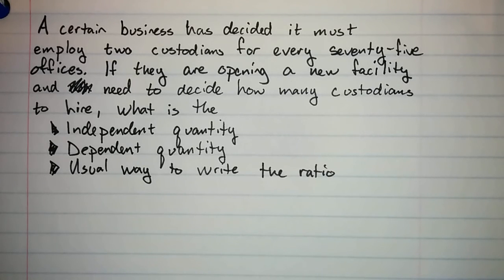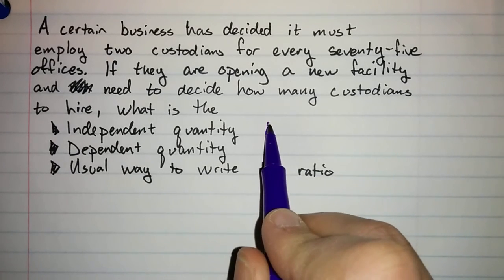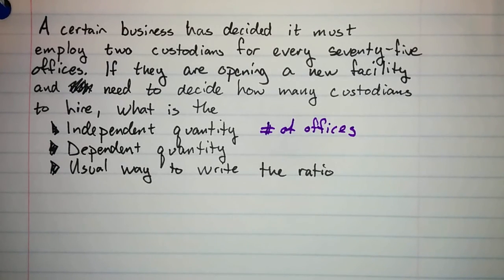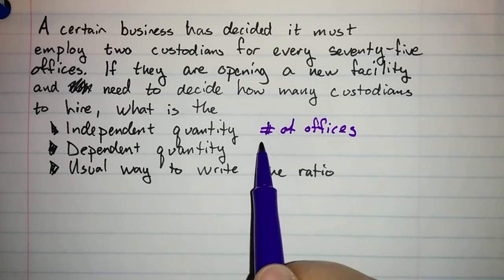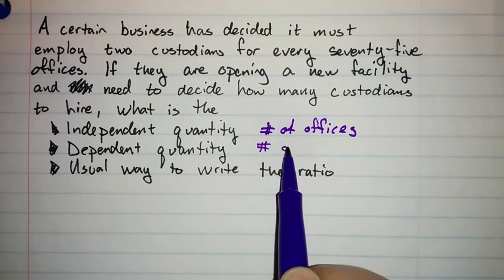Okay, well, if they're looking at a new building, they're going to count the offices and figure out how many custodians they need to keep that many offices clean. So the independent quantity, the one that's easy to choose or measure, is the number of offices. The quantity that we're hoping to predict is the number of custodians.